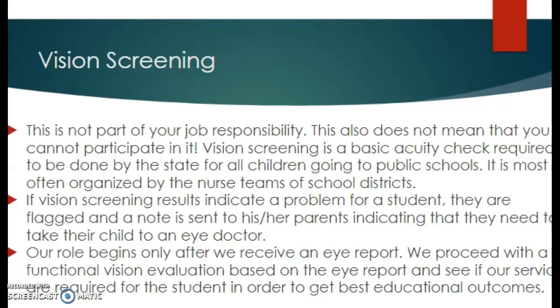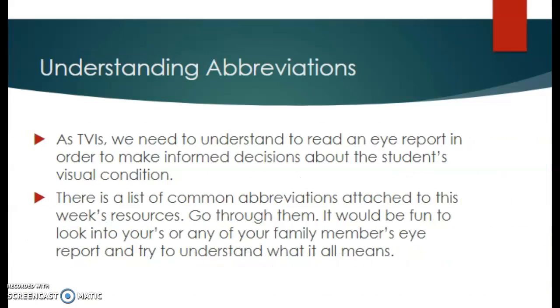So either way, our role begins only after we receive an eye report, and we proceed with a functional vision evaluation based on the eye report and see if our services are required for the student in order to get best educational outcomes. And read the recommended practice for vision screening in this week's resources. You should be able to get more details about what vision screening is.